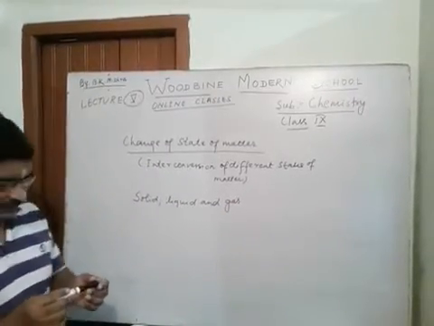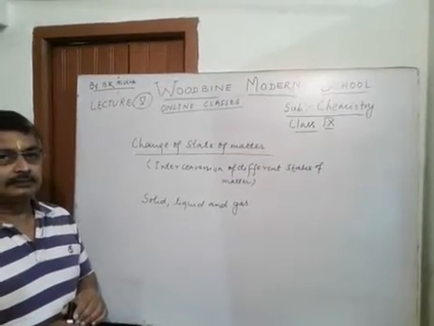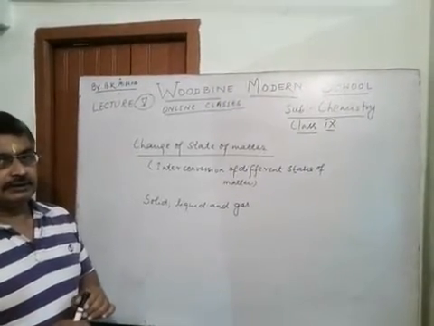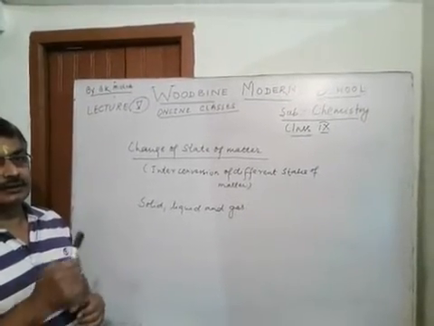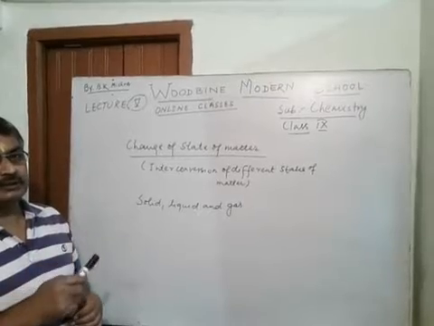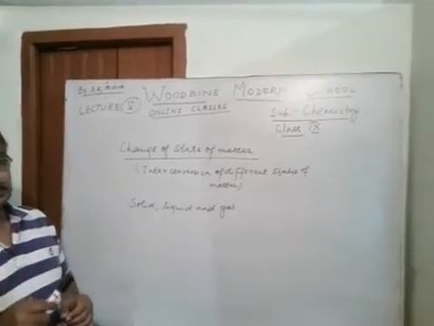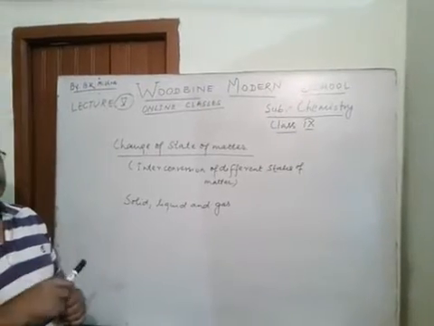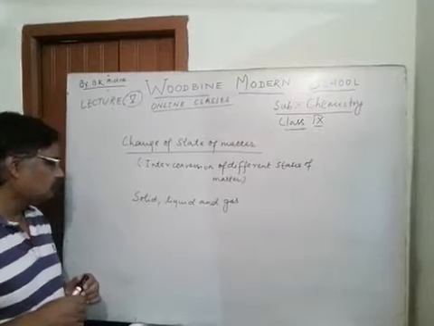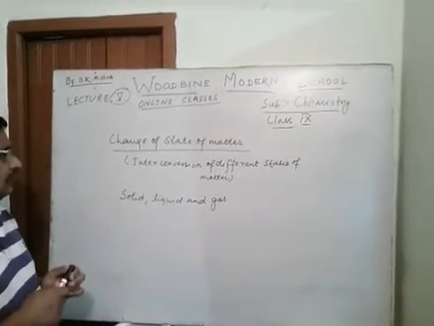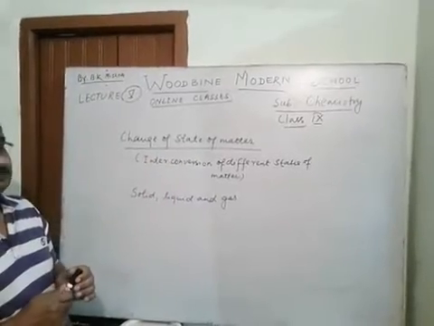Now these states have been explained in our last videos on three factors, that is interparticle space, interparticle forces of attraction and kinetic energy of the particles. Now moving on to the methods by which we can change the state of matter.